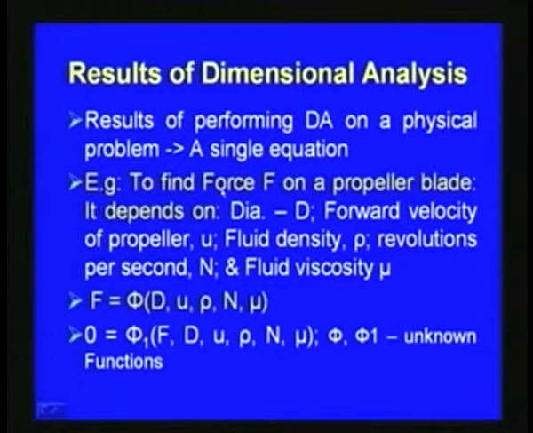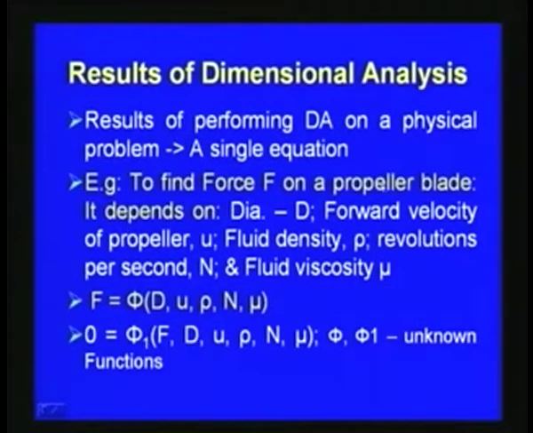Say, for example, to find the force F on a propeller blade for a typical problem, this force depends upon the diameter d, the forward velocity of the propeller u, the fluid density rho, the revolutions per second n, and the fluid viscosity mu.